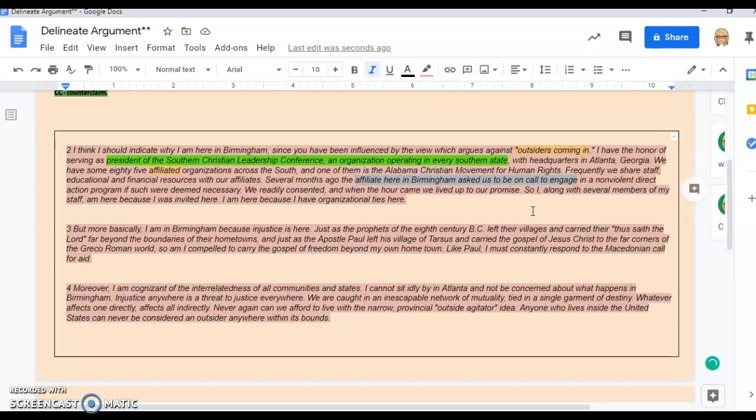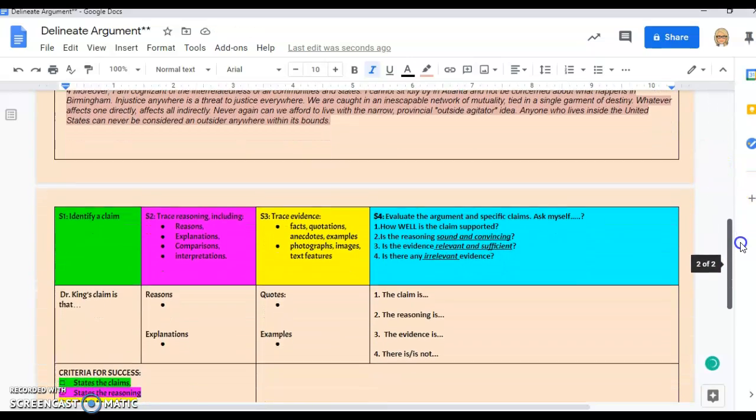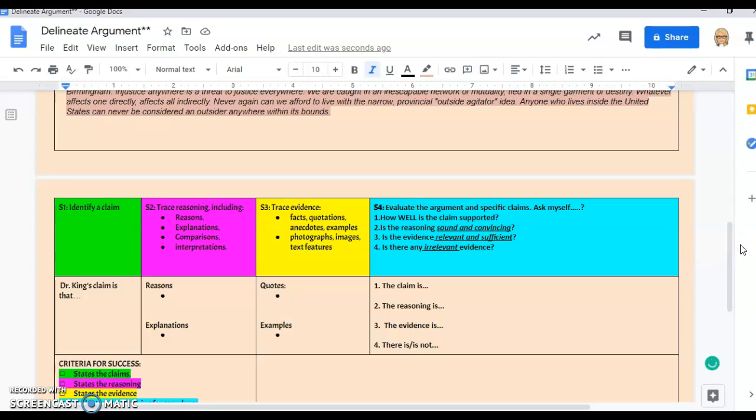So I, along with several members of my staff, am here because I was invited here." We'll go ahead and highlight that as well in green. All right, well, we have a couple of things. Let's go and look. Now we have to trace reasoning, including reasons, explanations, comparisons, and interpretations.